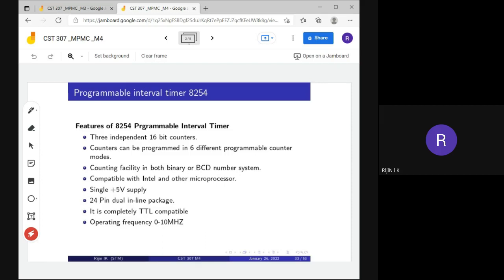To recap: three independent 16-bit counters are present in 8254 IC, and these counters operate in 6 different modes.